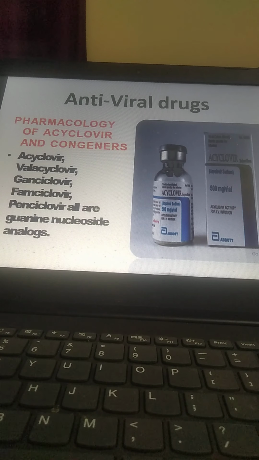Now, the pharmacology of acyclovir and congeners: acyclovir, valacyclovir, ganciclovir, famciclovir, penciclovir are all guanosine nucleoside analogs. You have to remember this.